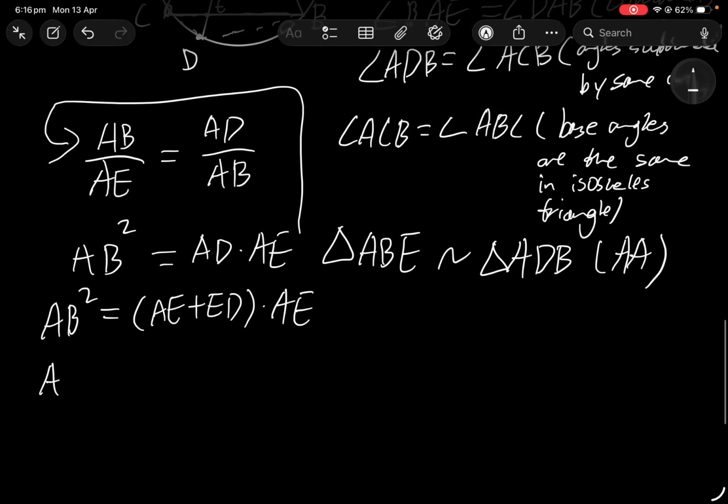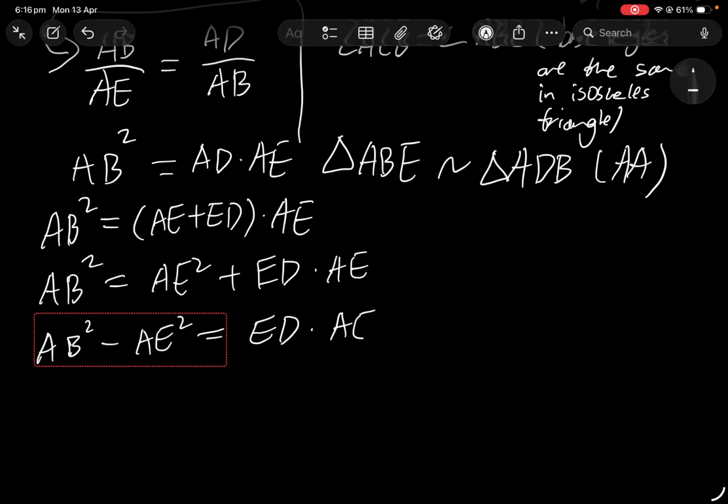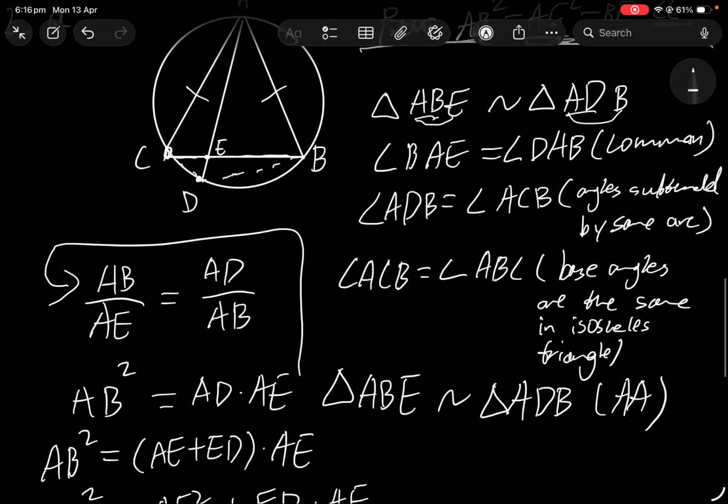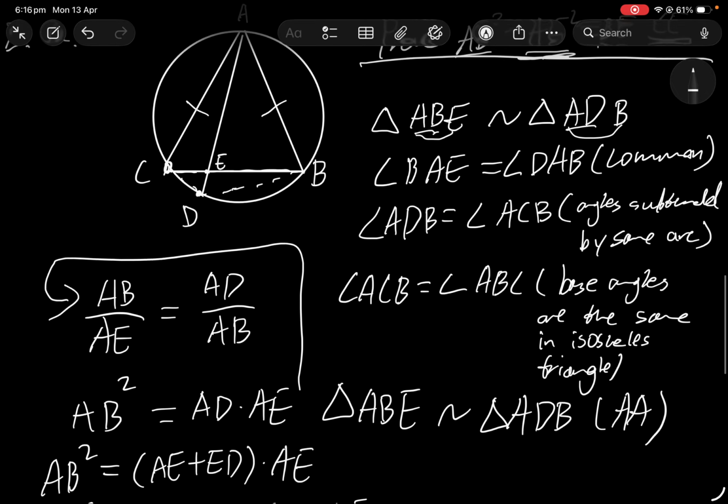So then it becomes AB squared equals AE squared plus ED times AE. Then we can move AE squared to the other side. So it becomes AB squared minus AE squared equals ED times AE, which is what it was. Wait, what? Oh.